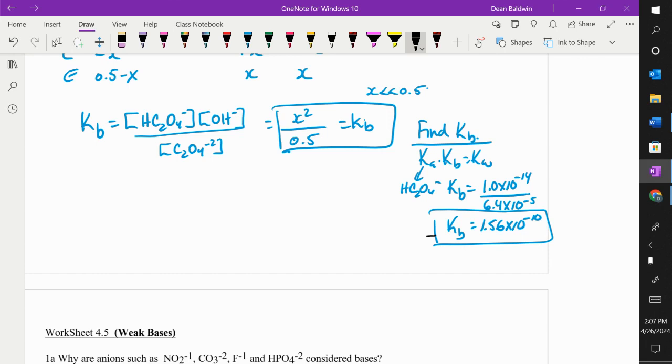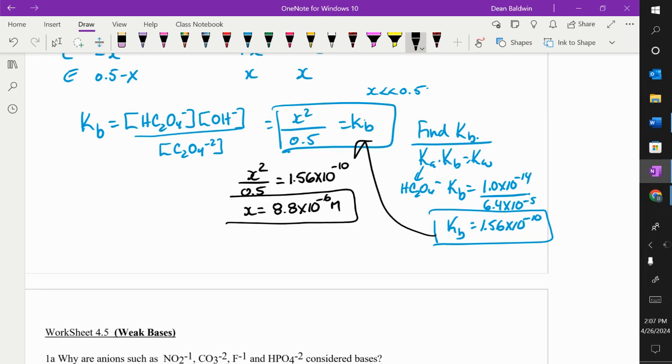Then you plug it into that. So you should get X is equal to 8.8 times 10 to the minus 6 molar.